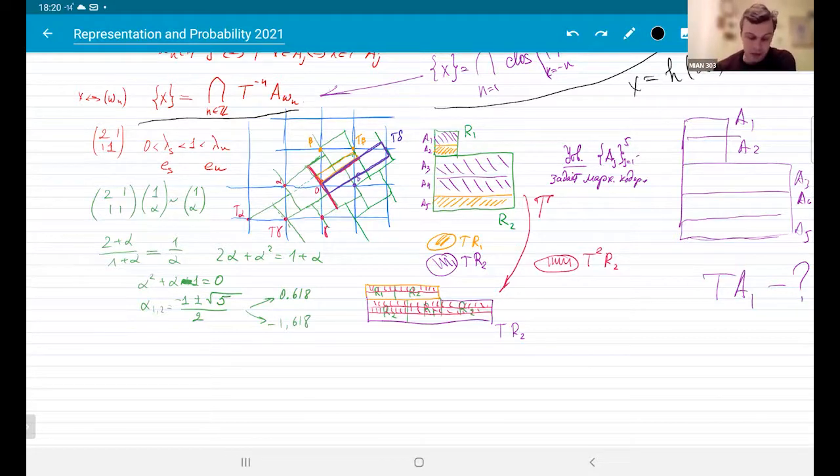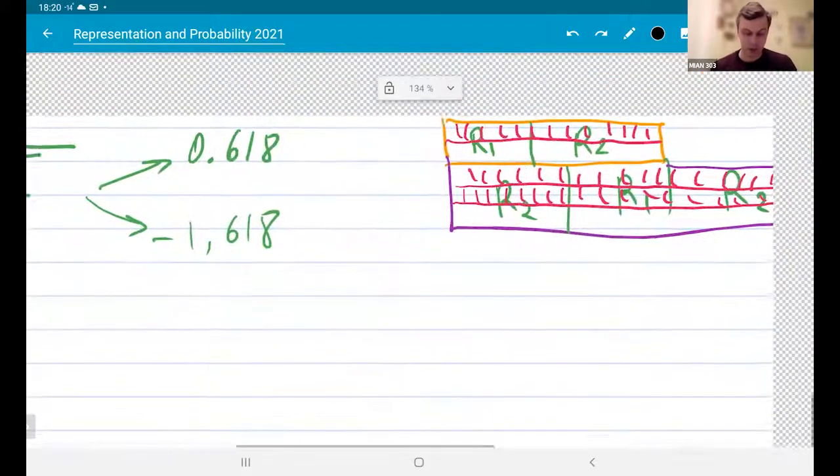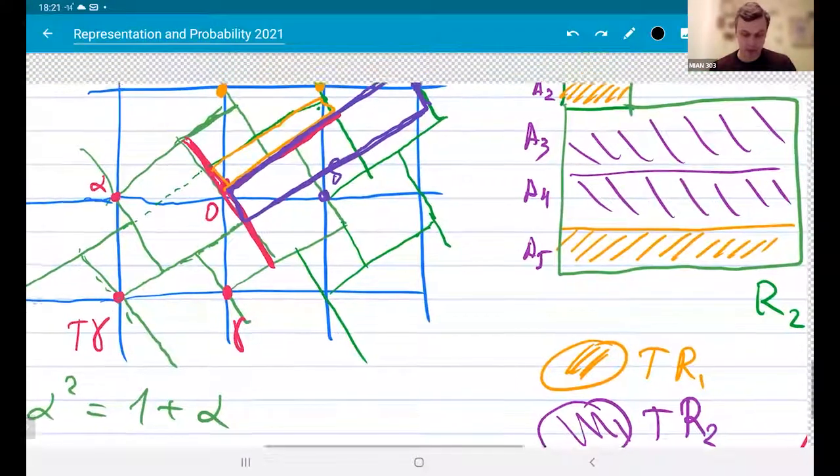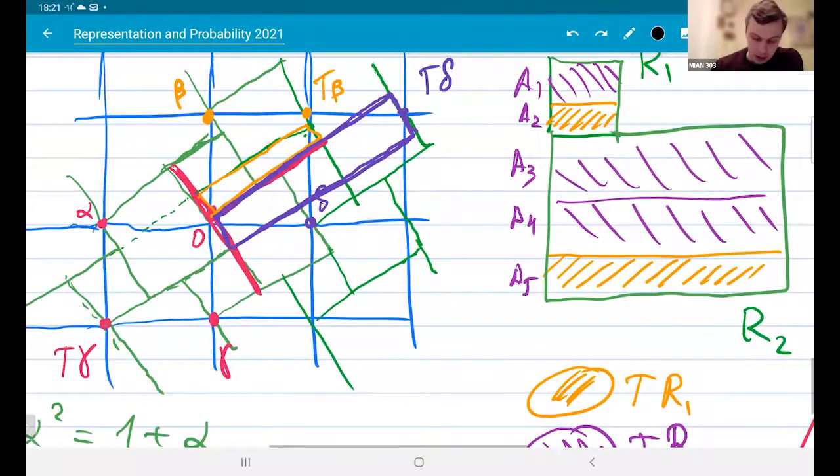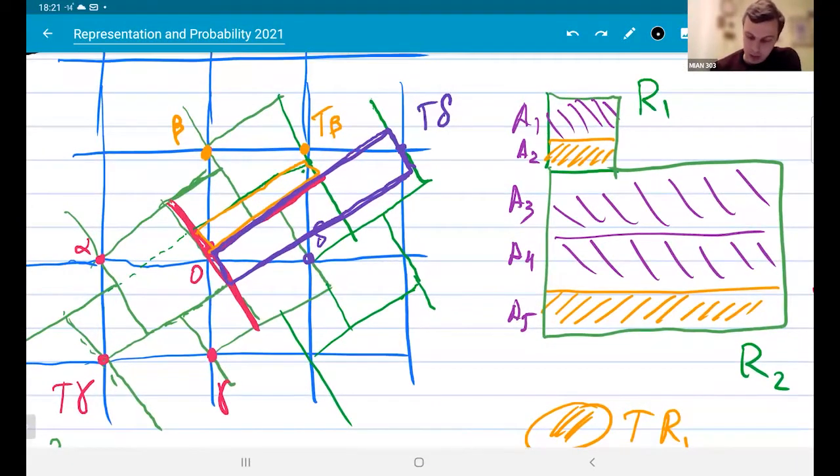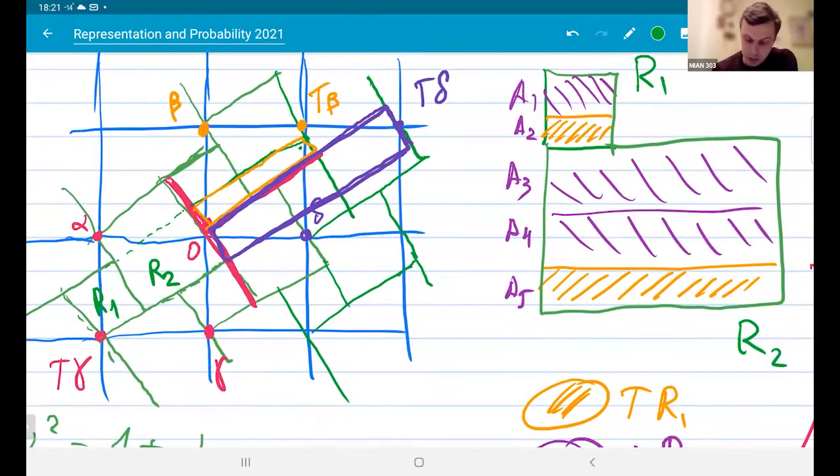Let me explain again. Here is R1, and here is R2. Now let us look only at R2, and consider, say, the image of TR1.